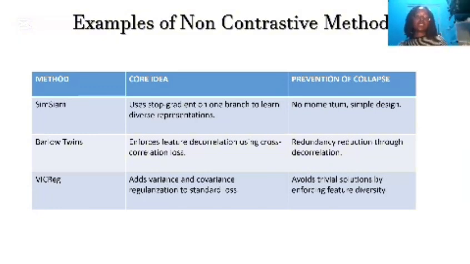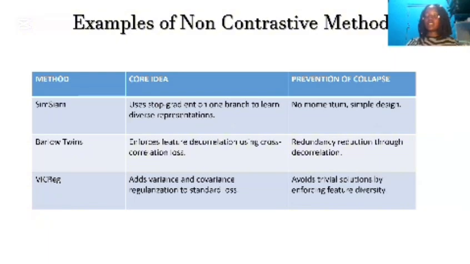Then we have VICReg. This one adds variance and covariance regularization to the standard loss. It prevents collapse by avoiding trivial solutions and enforcing feature diversity. It ensures that the learned representations have a minimum variance across the batch, which prevents collapse to a single point.